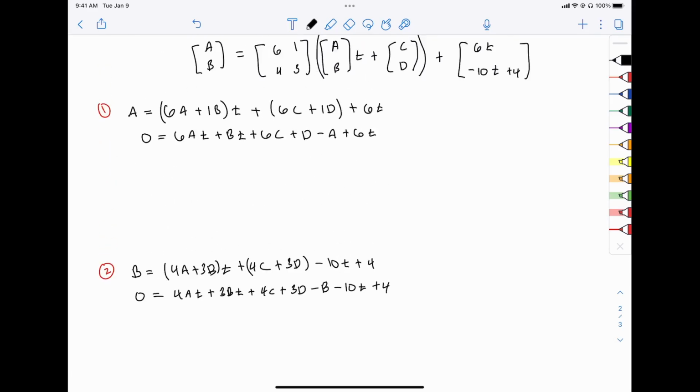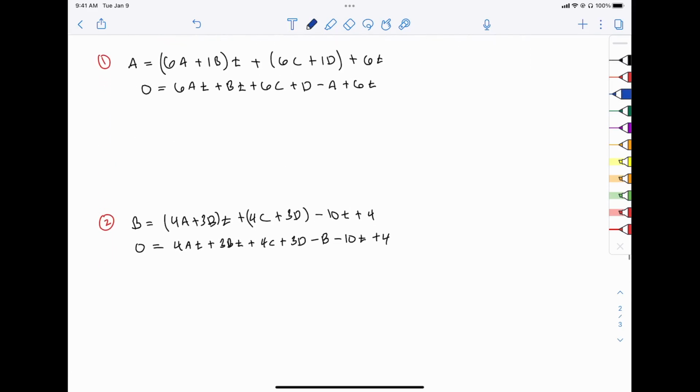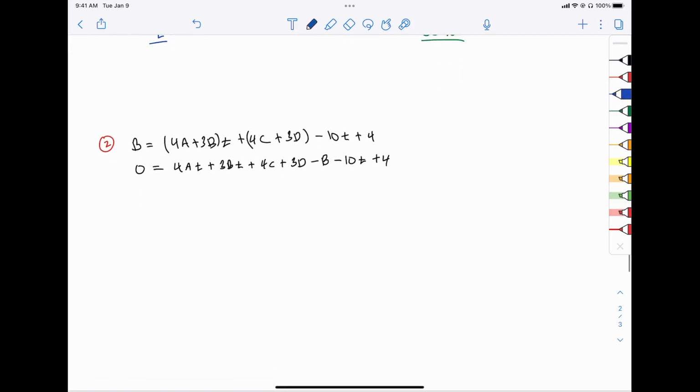Okay. And then always, always, always, it doesn't matter if your non-homogeneous term has trig, if it has exponentials, whatever the case may be, we're going to break each one of these equations up into the t and constant terms.